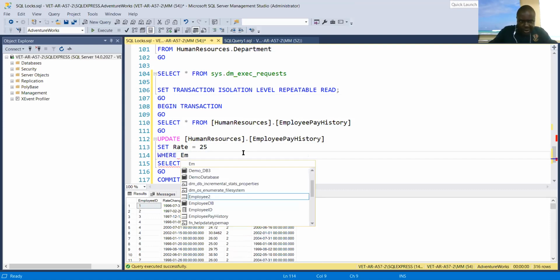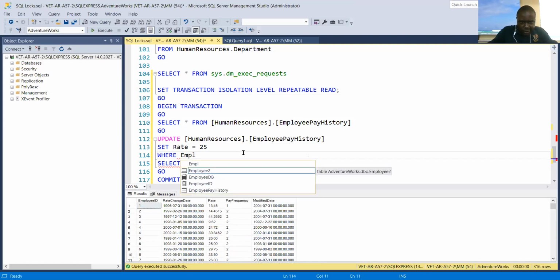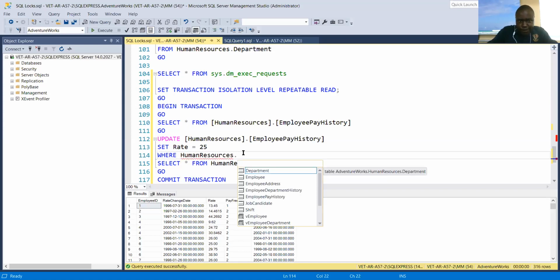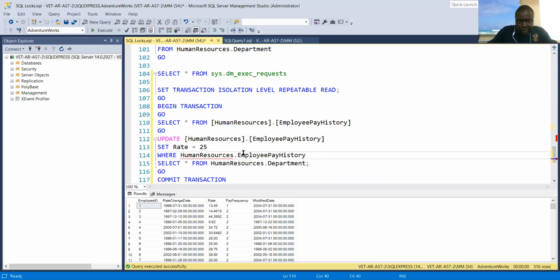I'll say employee ID where the employee history dot ID is equal to 5.